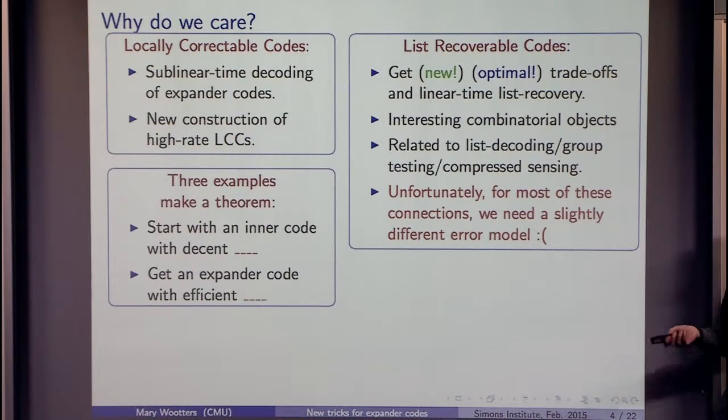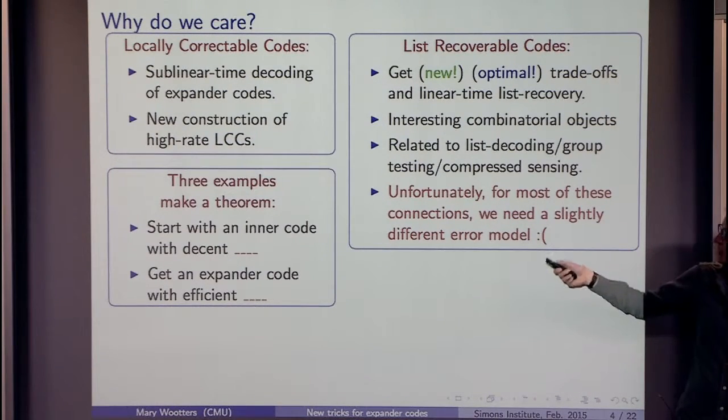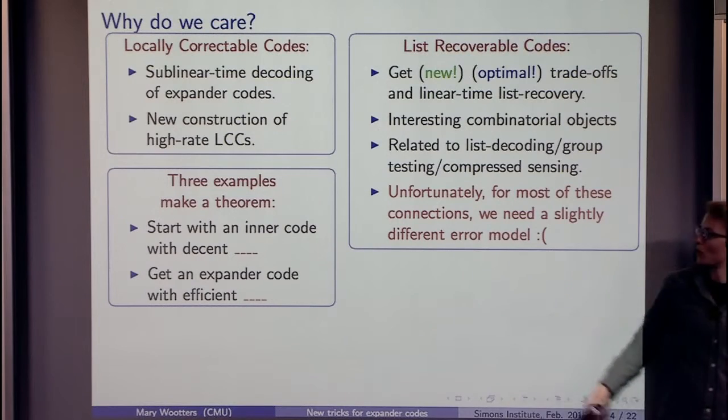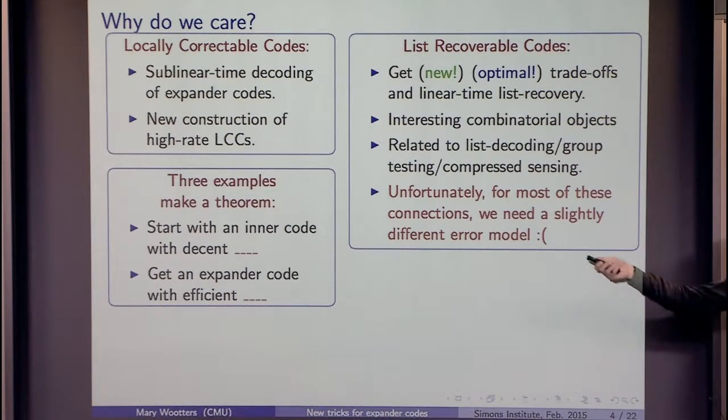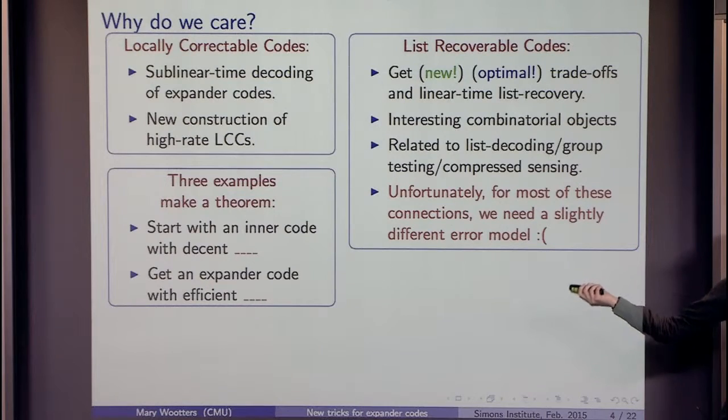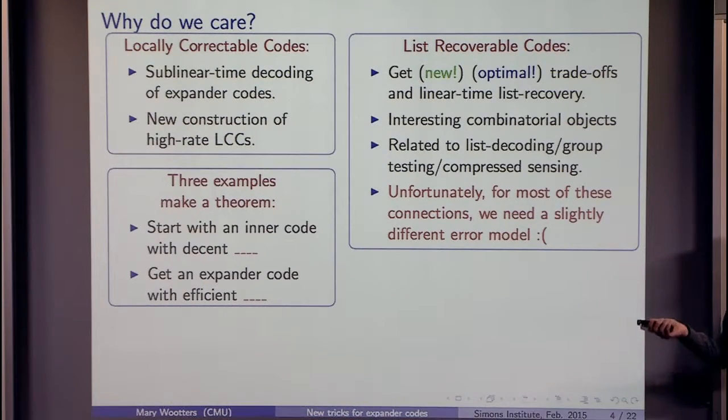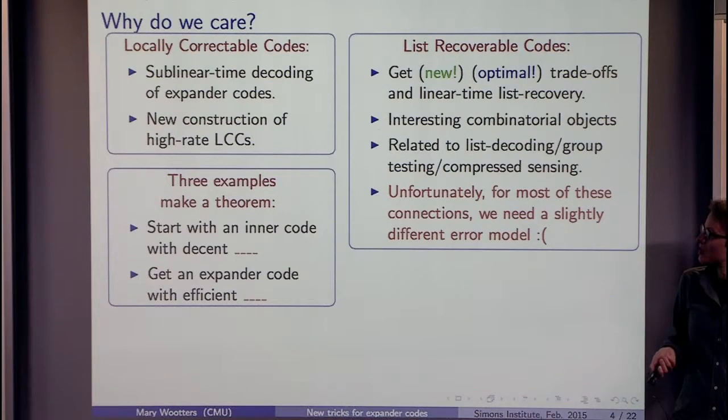Another reason you might care, which I think is maybe more important than these, is this general moral. Like I said in my 5-minute talk, 3 examples make a theorem. So now I have 3 examples of: start with an inner code with decent properties, get an expander code with efficient decoding, the same thing. I hope there are more examples in this regime.